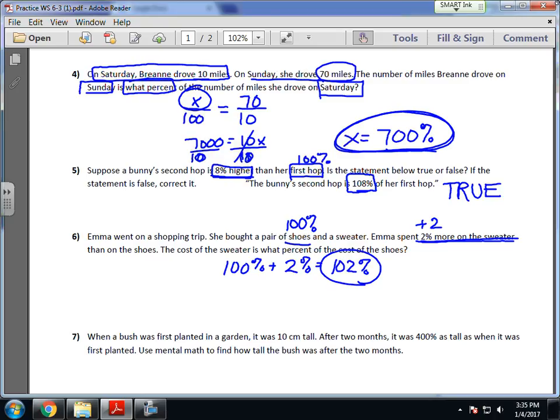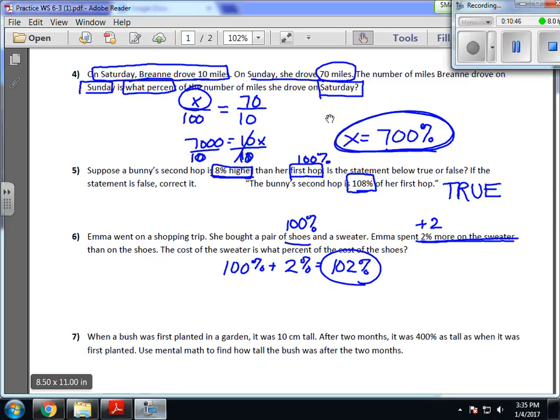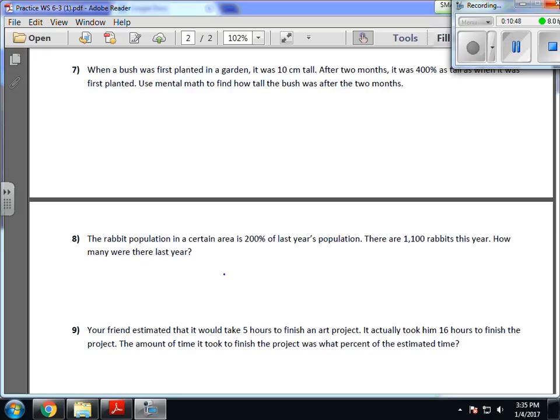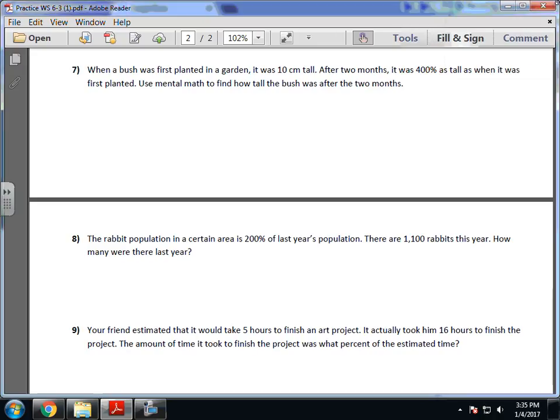All right, let's go ahead and take a look at number 7. Okay, number 7. When a bush was first planted in a garden, it was 10 centimeters tall. After 2 months, it was 400% as tall as when it was first planted. Use mental math to find how tall the bush was after the 2 months. Because we're in a good zone here, we're not going to use mental math.